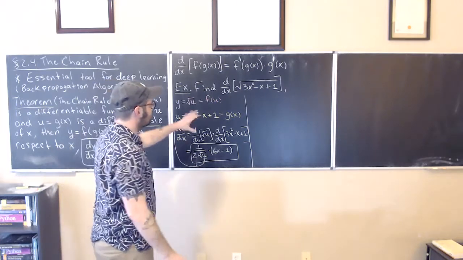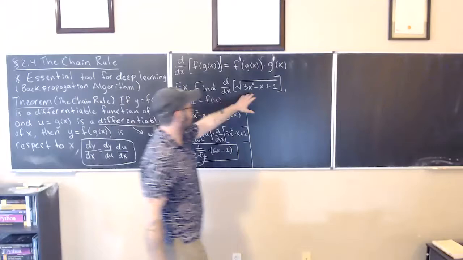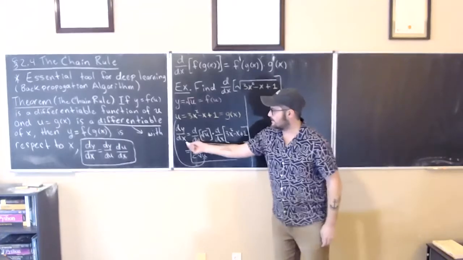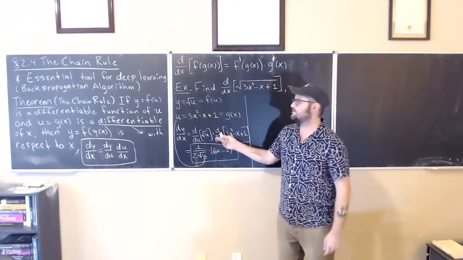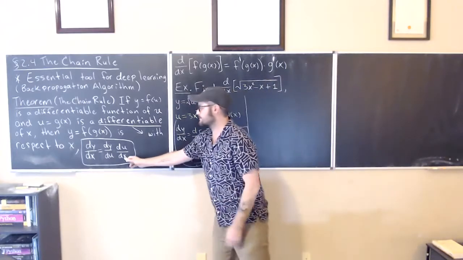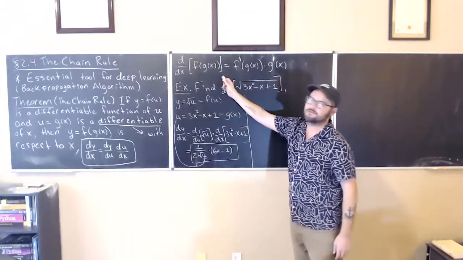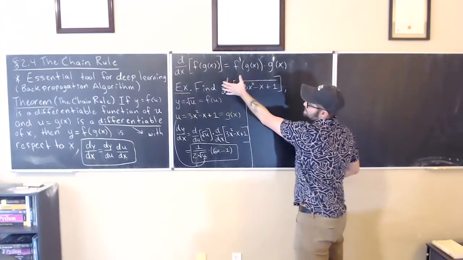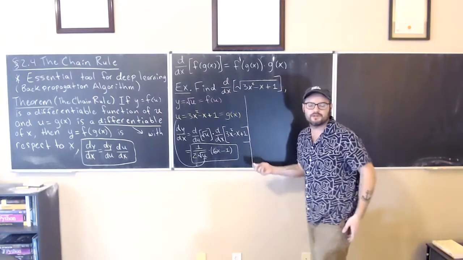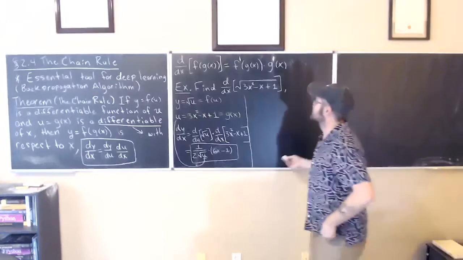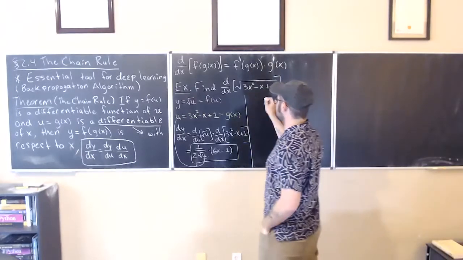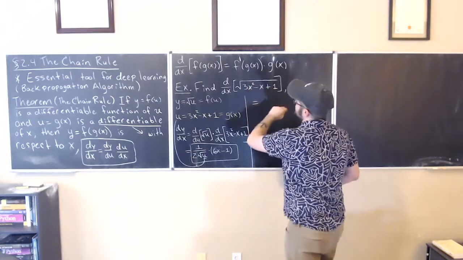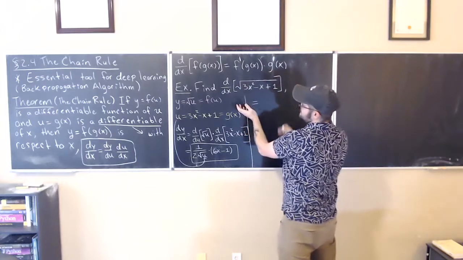So another way of thinking about this here, so this was using y and u, this version. So now let's use this other way of using notation. It's just different notation. Same version, different notation. So this derivative here. So what's the outside function?